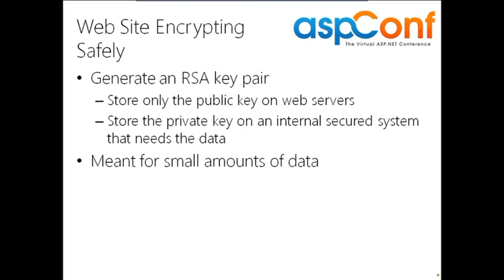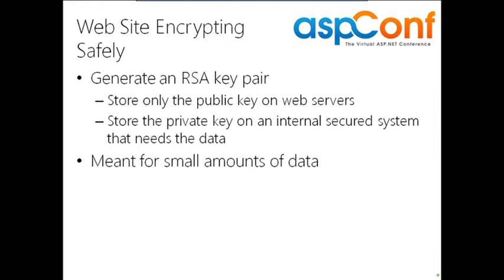In other words, I'm afraid from a security perspective that if someone gained access, became an administrator by hacking a web server, they would have access to all of the files. They'd be able to find this particular symmetric key. So instead, why don't I use asymmetric with a public-private key?